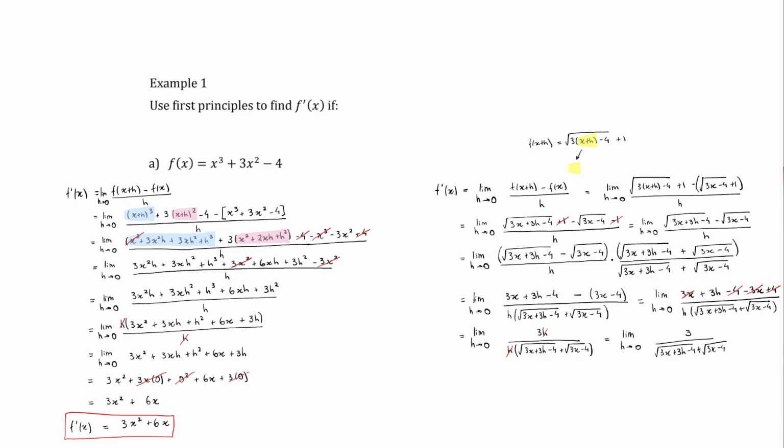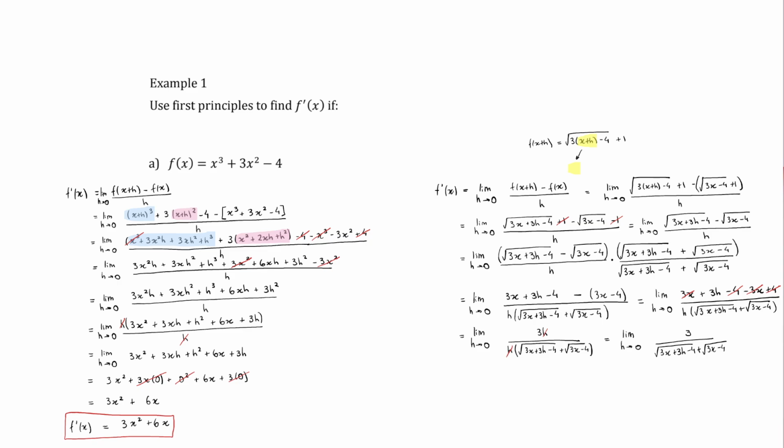And so here now, I have cancelled out the h in the denominator that would have led to an undefined form. And so I am able to directly evaluate the limit now. And to do that, again, I am going to sub in h is equal to 0 into this final expression.